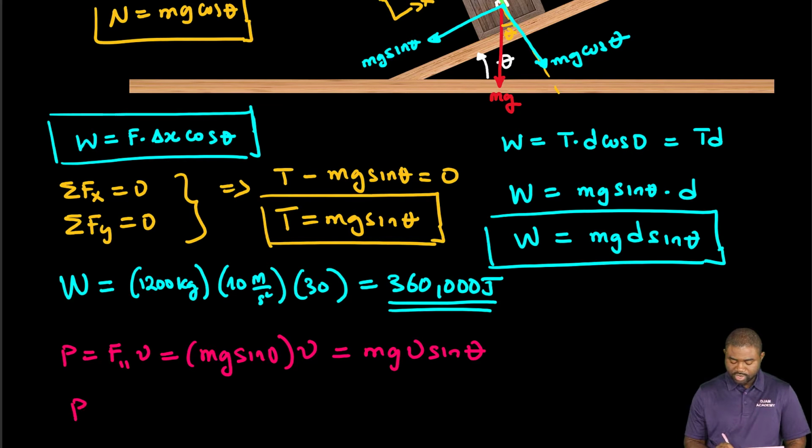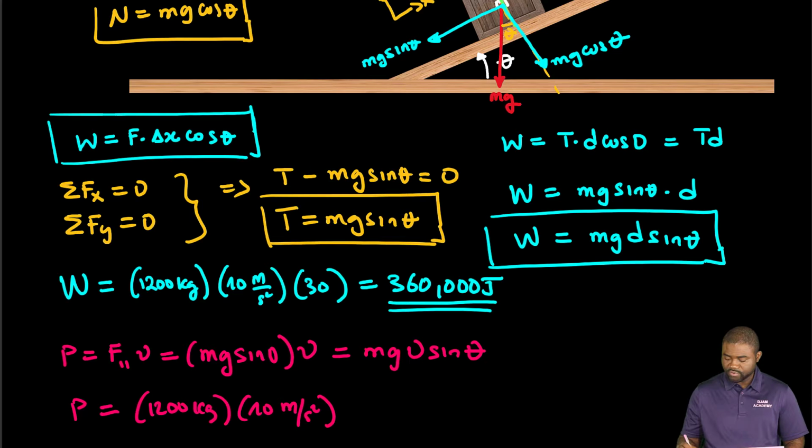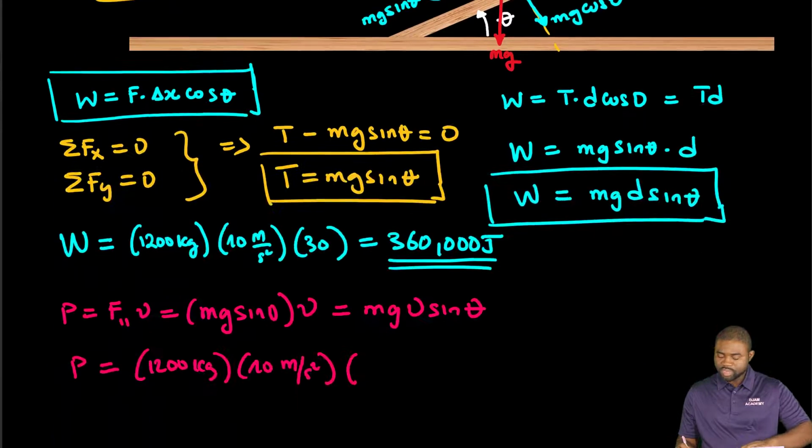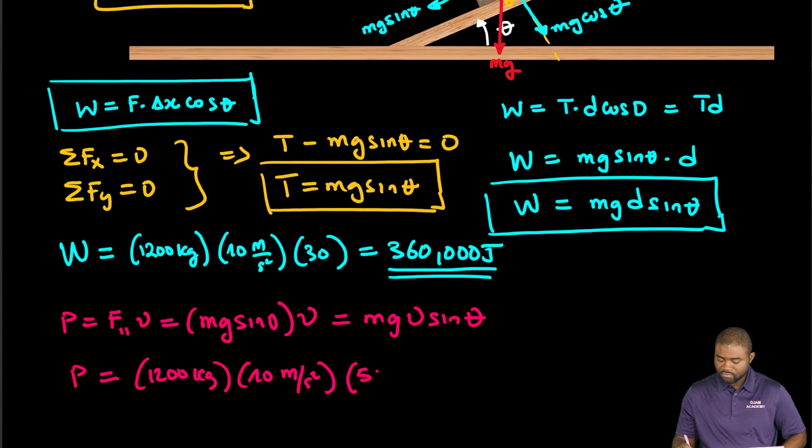So to put in the values, this will be equal to 1,200 kilograms multiplied by 10 meters per second squared. The speed is given as 5 meters per second, multiplied by the sine of 30 degrees.